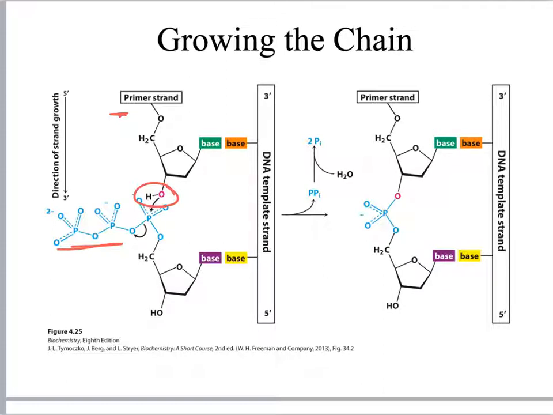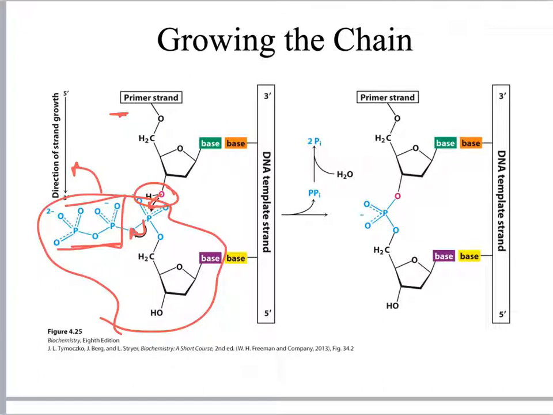So we bring this deoxynucleoside triphosphate in. This 3' hydroxyl is going to nucleophilically attack this. You're going to have these other phosphate groups which go away and leave. And you're going to incorporate this phosphate into that sugar phosphate backbone. So the nucleotide is added, and 2 of those phosphate groups are going to be removed.